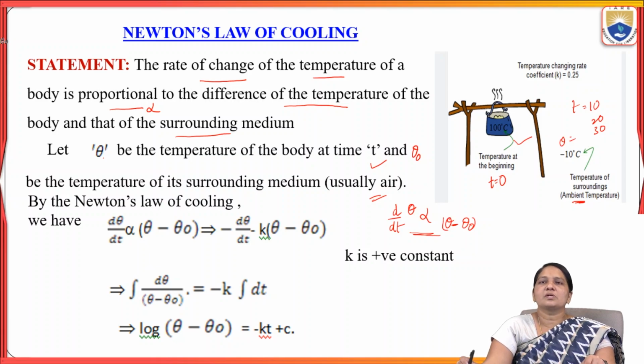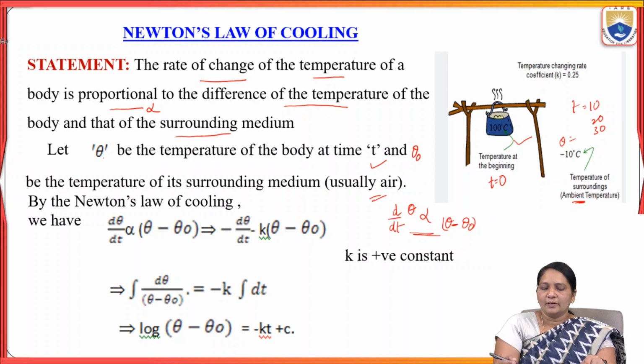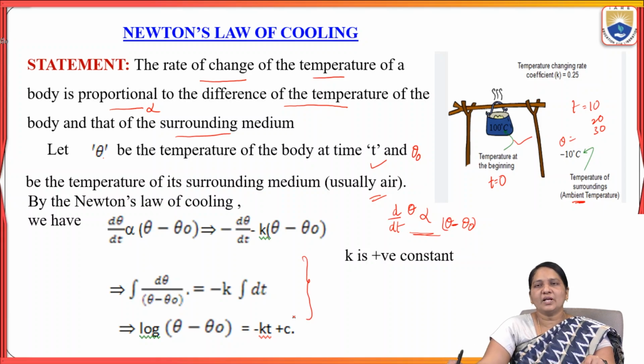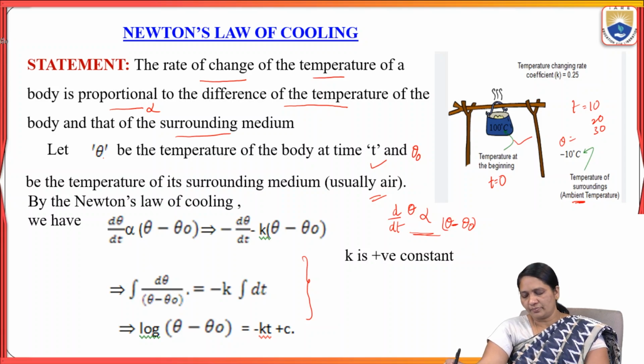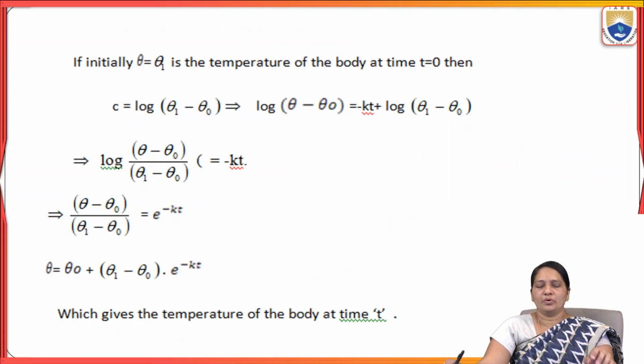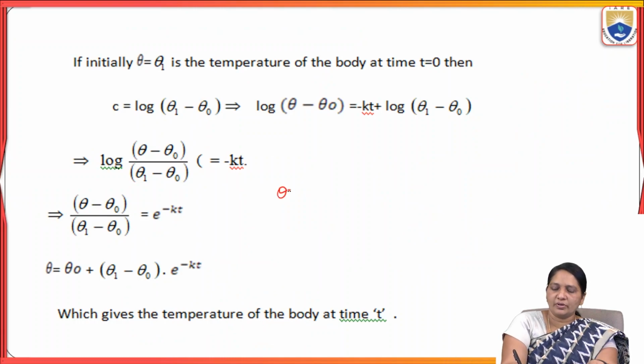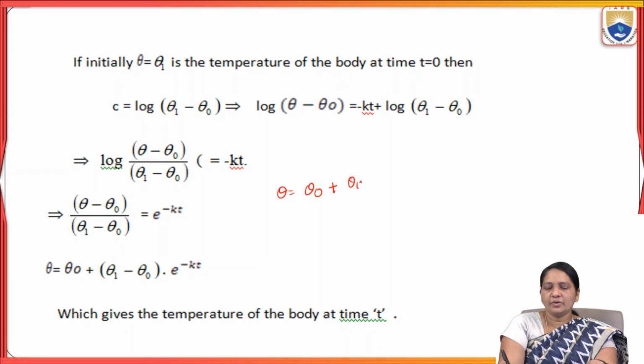We already discussed how we get the differential equation for the temperature of the body. All this derivation part was done in the previous video; if you want, please go to that video. You can observe here theta equal to theta naught plus (theta 1 minus theta naught) into e power minus kt.